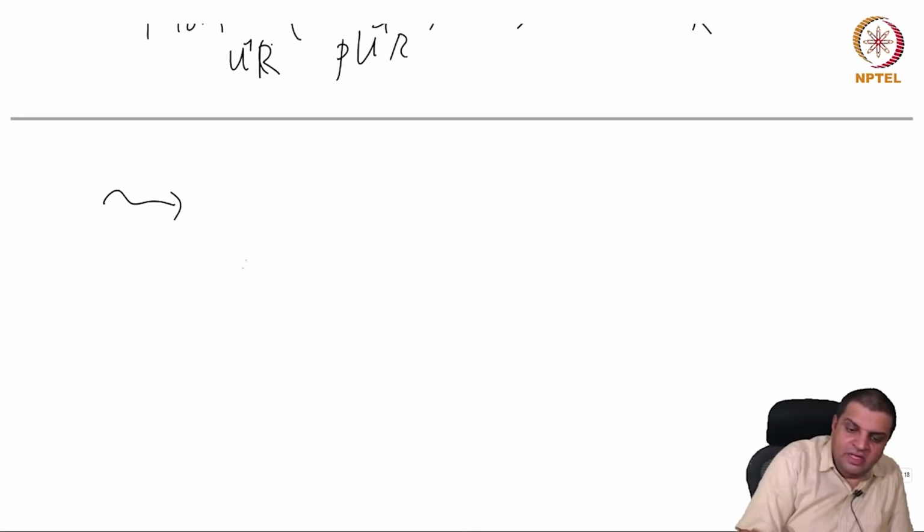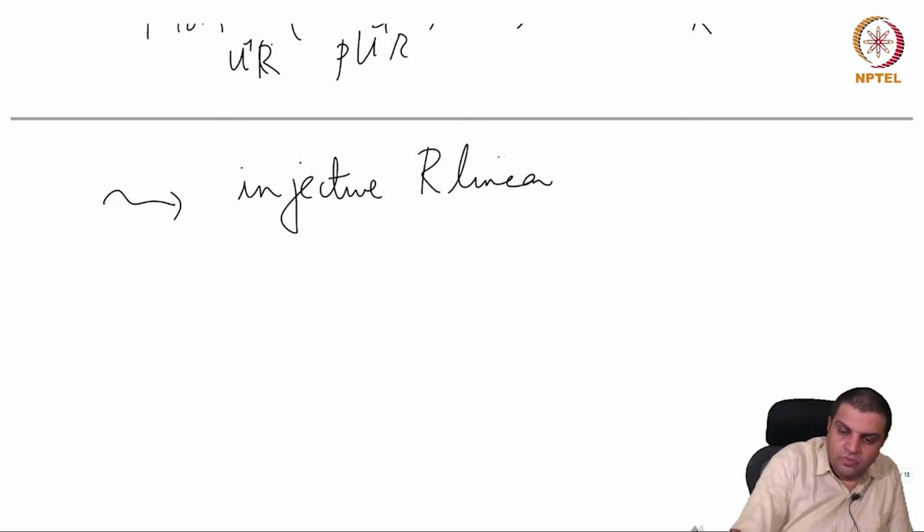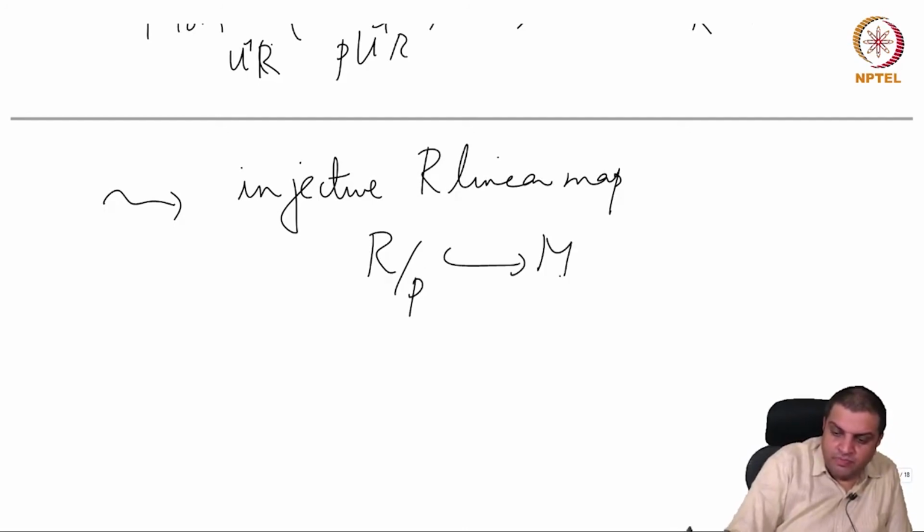And this will give an injective R linear map from R mod P to M. Okay. And this now implies that P is associated to M.